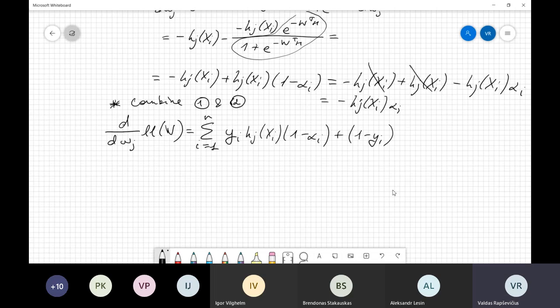Right, the identity function for the other class, and here we just put this term minus feature xi alpha i.